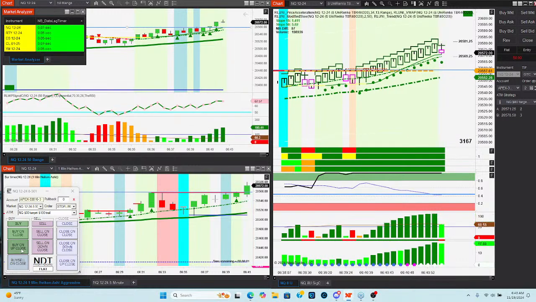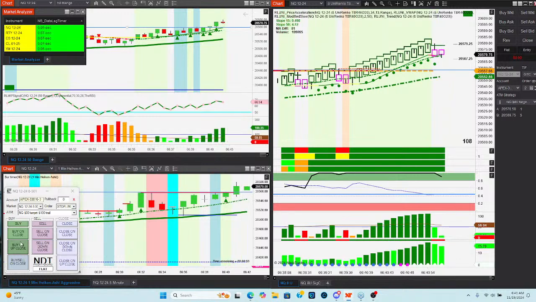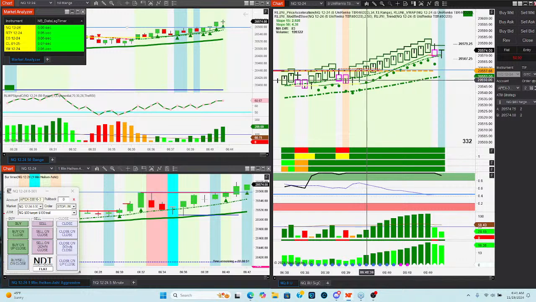Where's my MA diff? See, we never really got a nice pullback in here except for this one right here, which is, I'm waiting for something a little bit nicer. And we've got time.